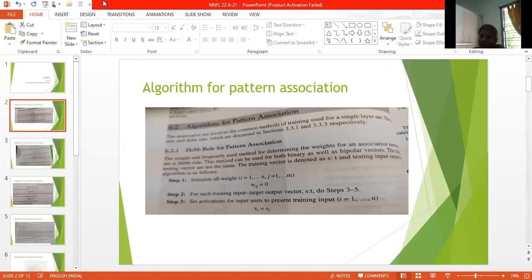Hope all of you have understood what is meant by pattern association. Suppose this is an E pattern or S pattern. It needs to identify these alphabets.